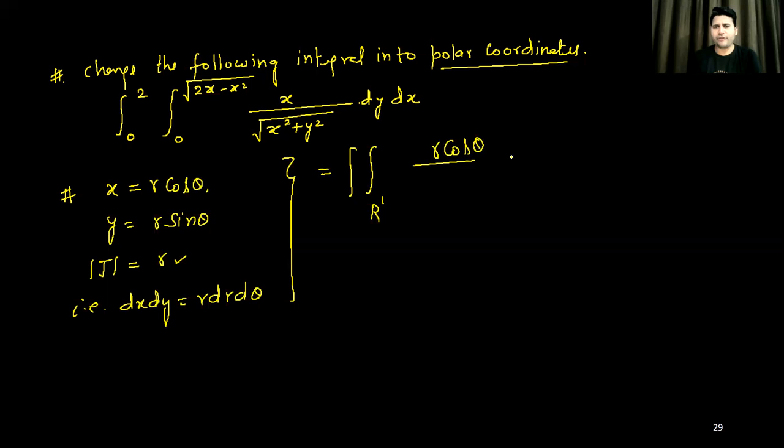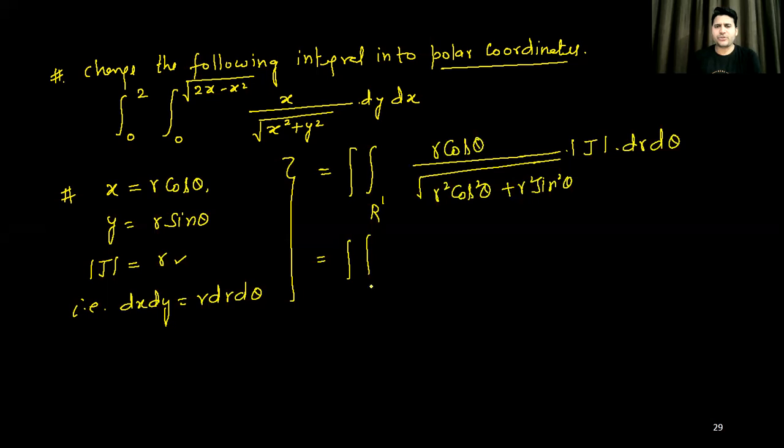So put the value of x, then root over x square plus y square, that is r square cos square theta plus r square sin square theta, into the Jacobian, which I am writing first, then dr d theta.